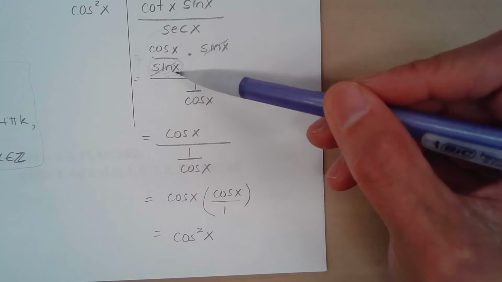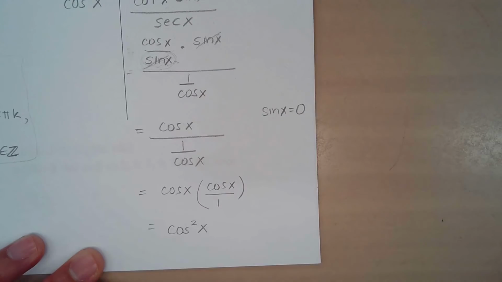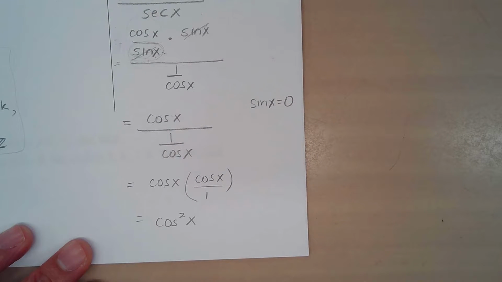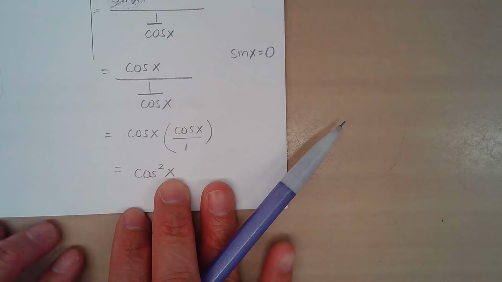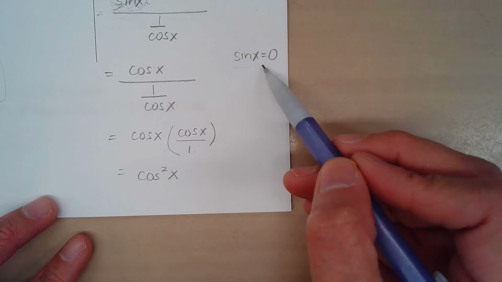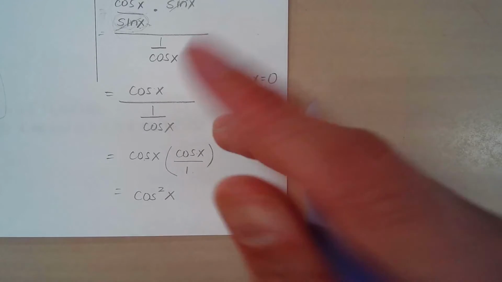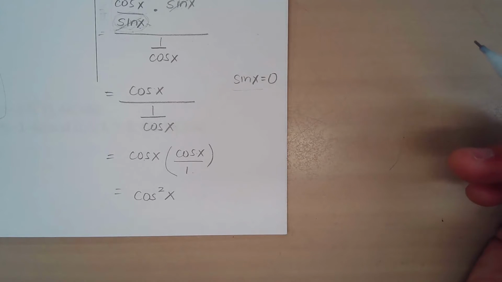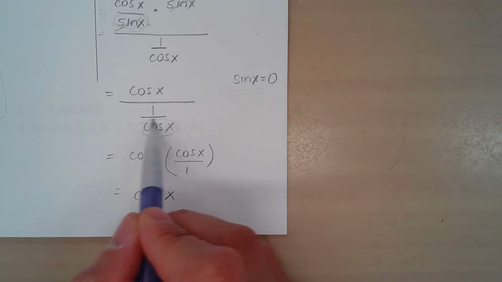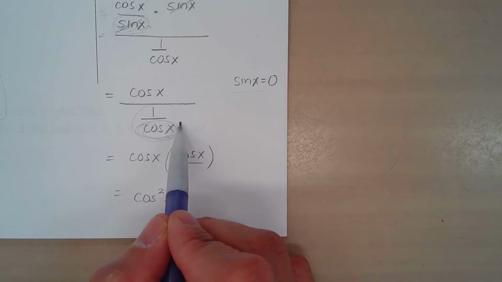This one will make this denominator 0, so sine of x is going to give us 0. The cos of x, when we take the reciprocal of it, becomes cos squared. It becomes part of the numerator. But then this cos of x is also what makes it 0 within this category.